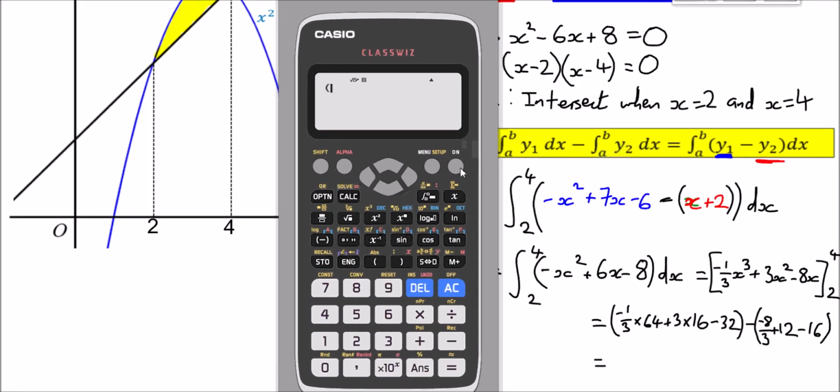So minus a third times 64 plus 3 times 16 minus 32, then minus off in brackets minus 8 thirds plus 12 minus 16. And we get 4 thirds.